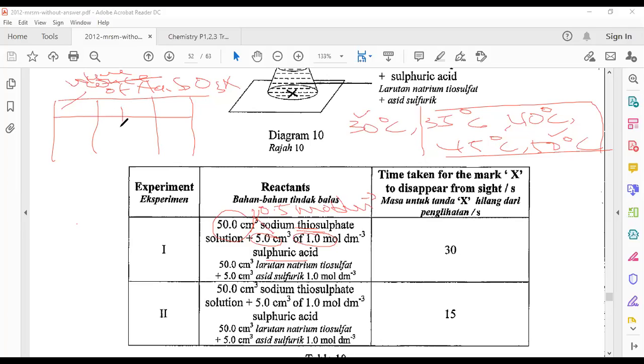Then the second one is the volume of distilled water added. And you are going to put set 1, set 2, set 3, set 4, set 5. How much water is added? Refer back to our report that we have done previously. So this is the answer for the description of the experiment.